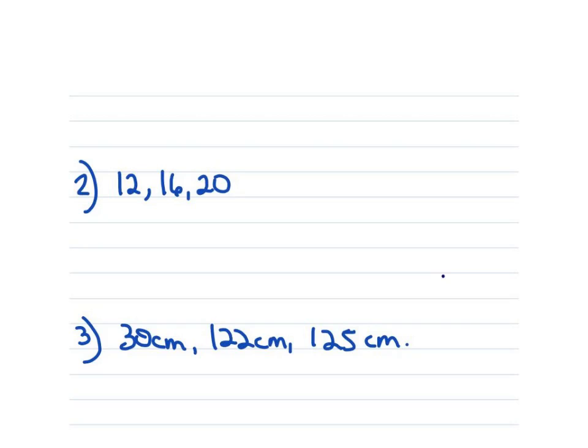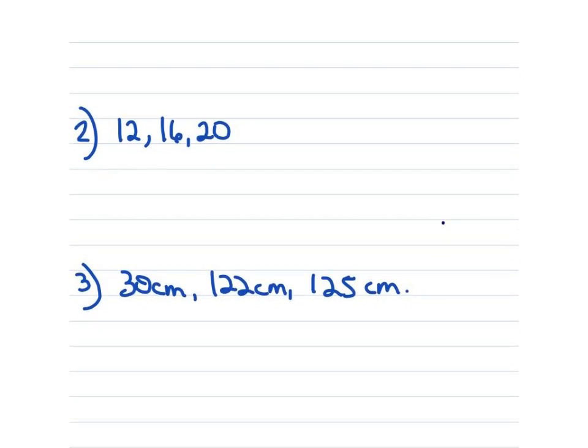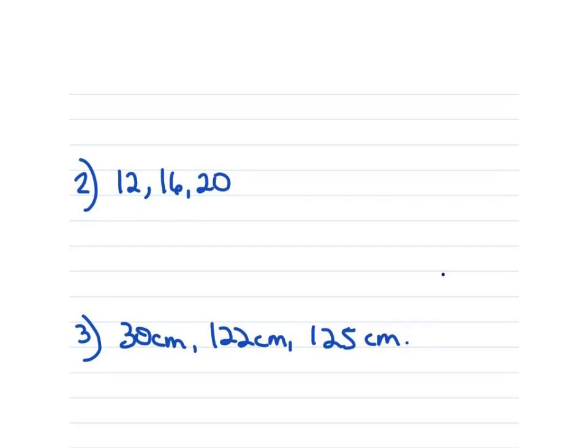Number 2. Here are three sides of a triangle, and we're asked, are these the three sides of a right triangle? And how we figure that out is we have to test the three sides using Pythagorean theorem. Pythagorean theorem is A squared plus B squared is equal to C squared.